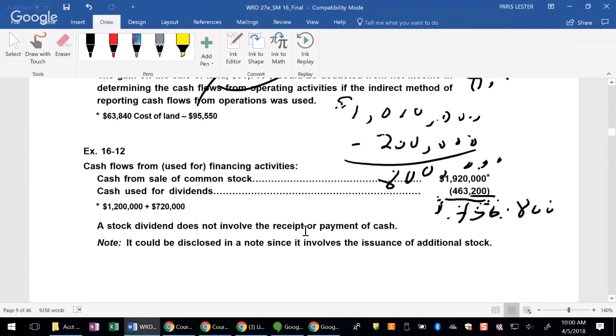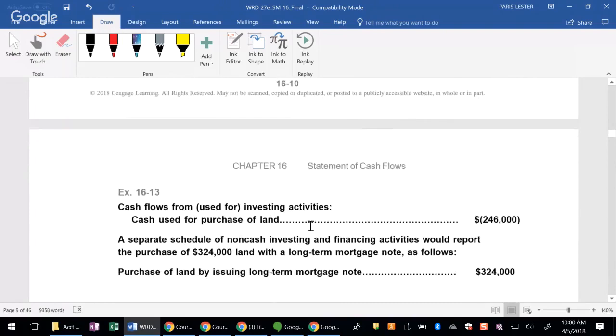The cash you paid out. The mortgage is somewhere else, okay? You'll get bits and pieces of all three sections. But section 1 is the hardest, operating.